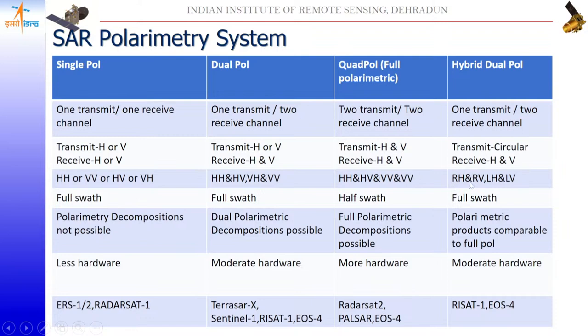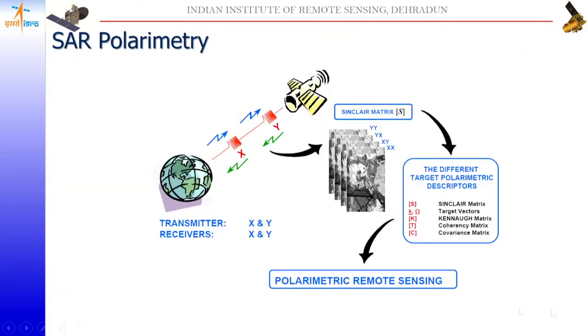Here also we get the full swath, so the half-swath compromise is resolved by the hybrid dual pole, and we can do polarimetric decomposition as well. Moderate hardware is required. RISAT-1A and EOS-4 have hybrid polarimetry also.